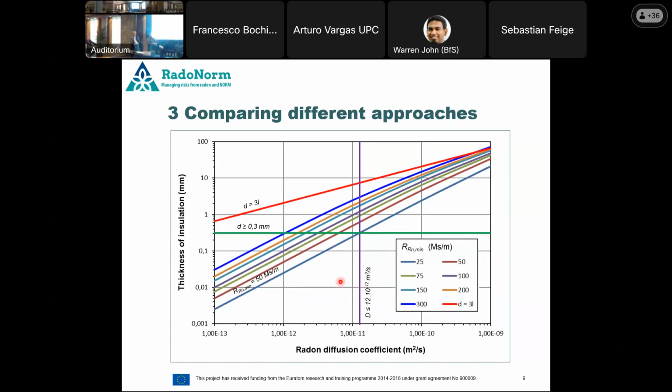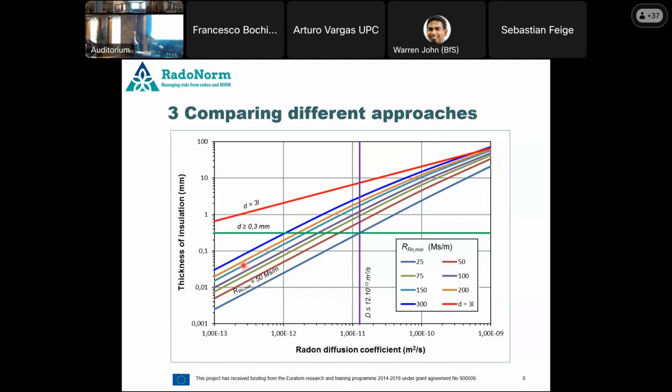So only the materials which are below this line can be used. The green line expresses the requirement for the minimum thickness. So again, only the materials which are above the green line can be used. Then we have the approach from Germany. It's the red line. So only the membranes above the red line can be used.